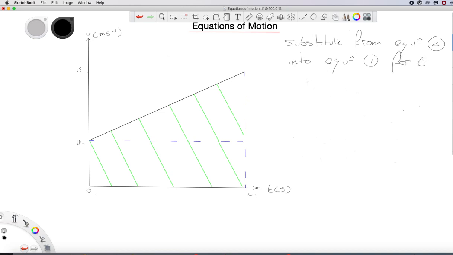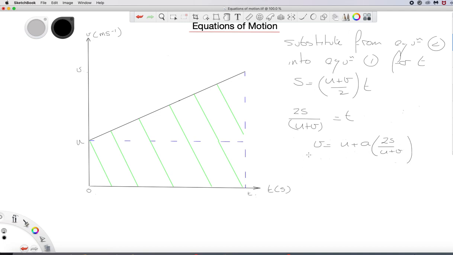So if we take equation 2, which is s equals u plus v over 2 times t, and we make t the subject, well, we'd have 2s, if we multiply up by the 2, over u plus v would be t. If we then put that into v equals u plus a times 2s over u plus v.